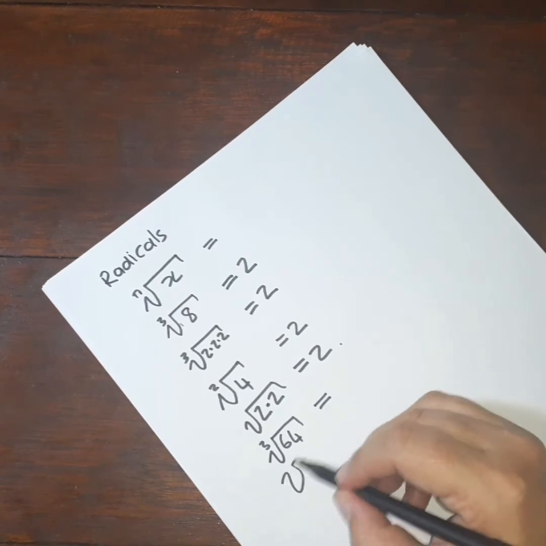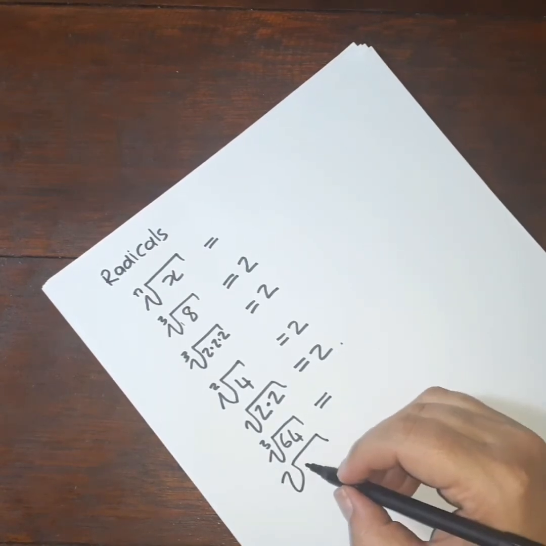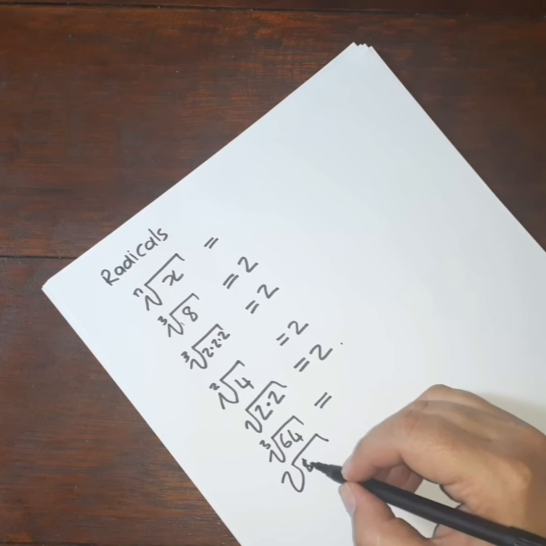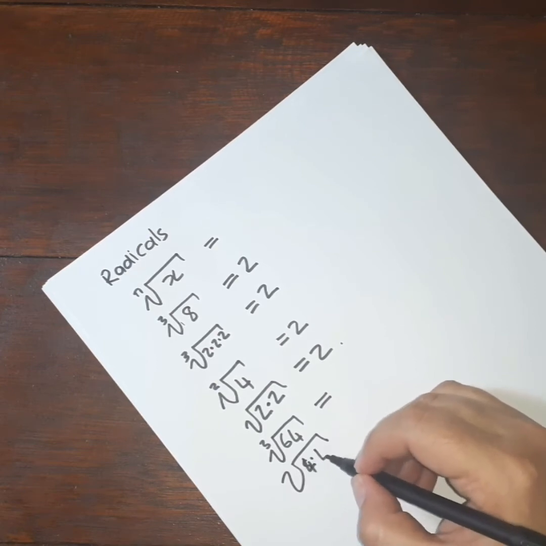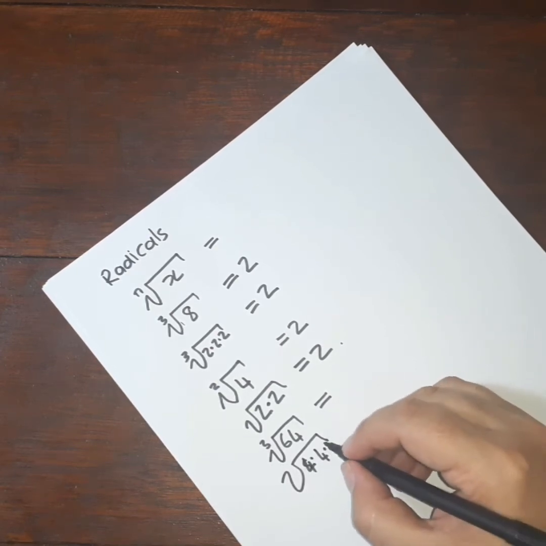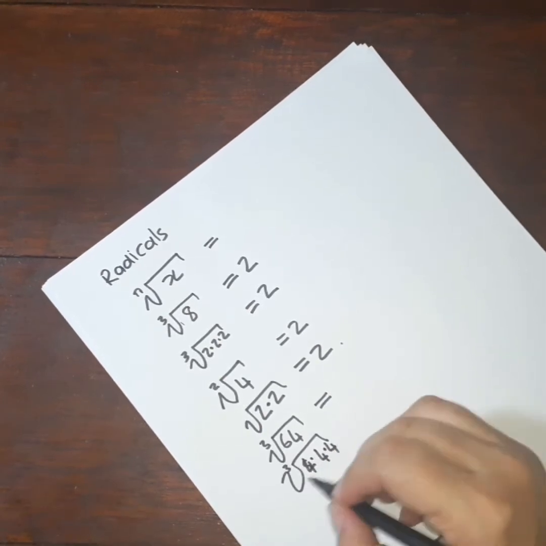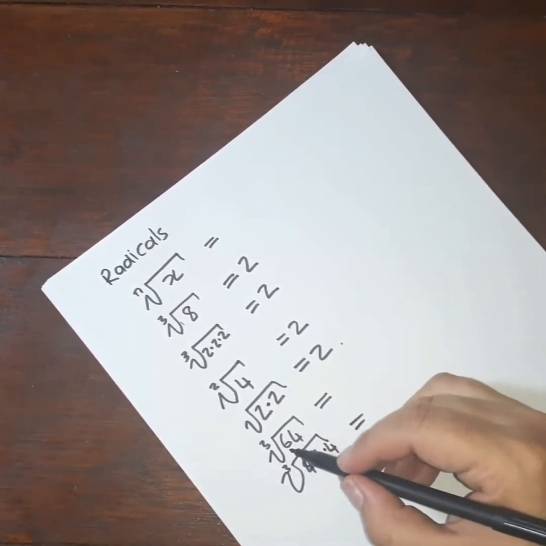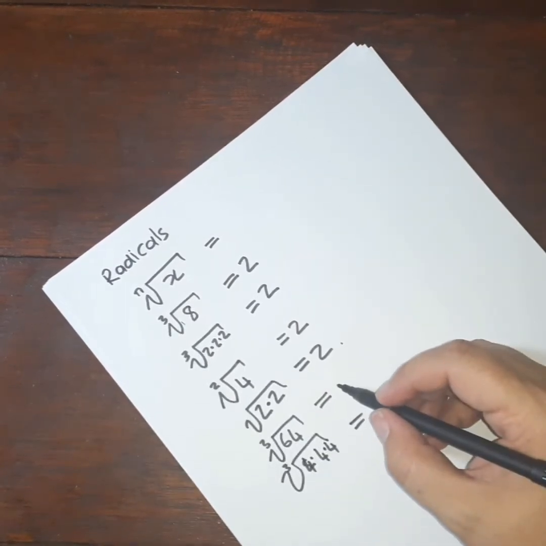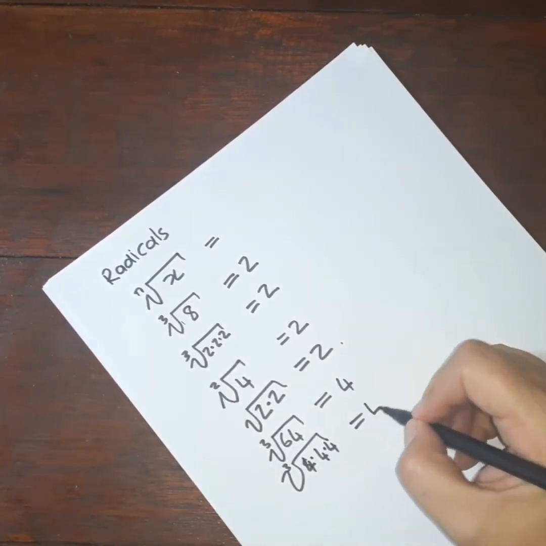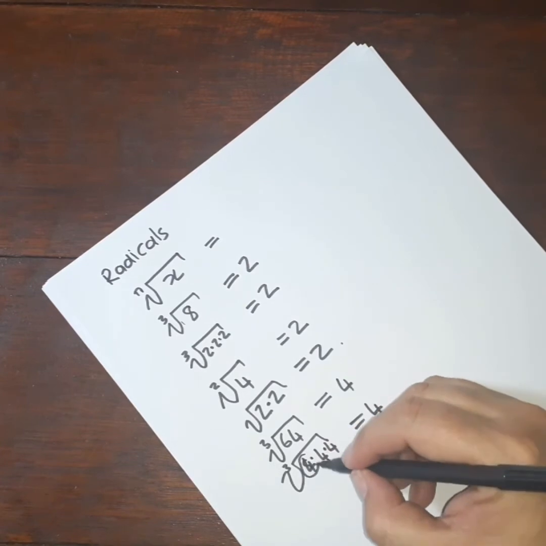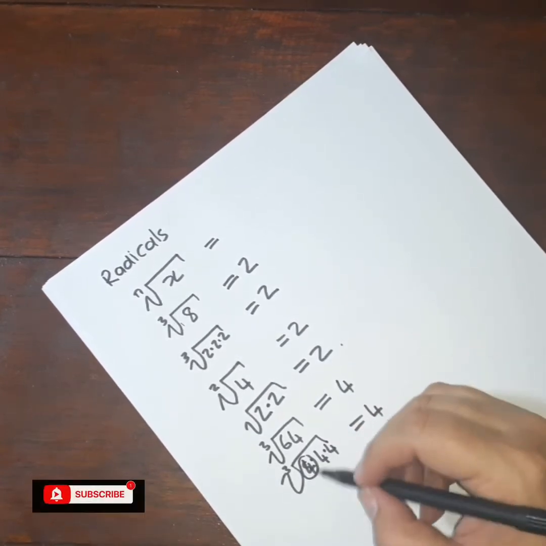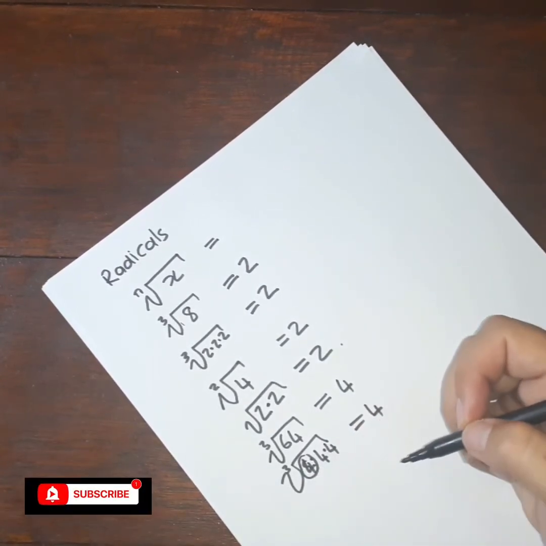So we know that 4 times 4 times 4 makes up 64. Therefore the cube root of 64 equals 4. One of the factors. The answer is one of the factors.